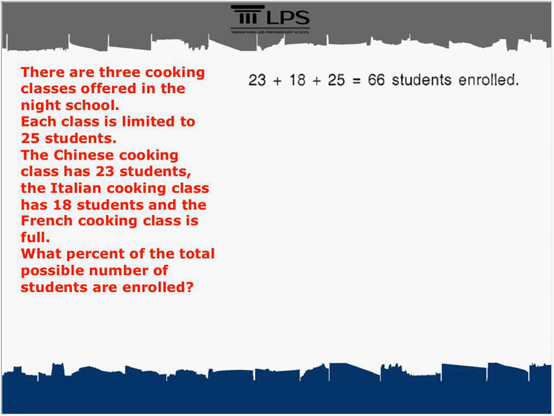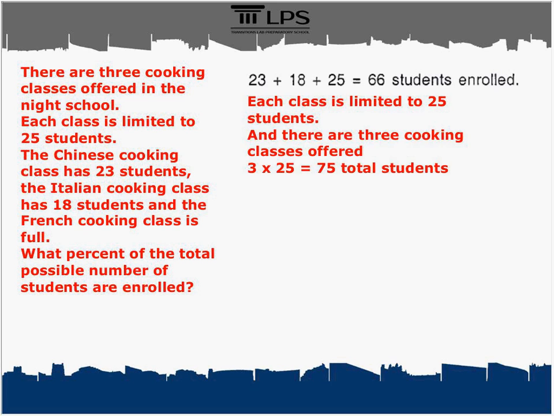Is that piece of information helping you? Yes, the totals are going to be 75. Limited to 25 students, and there are 3 classes offered. So 3 into 25 is 75, the total number of students.